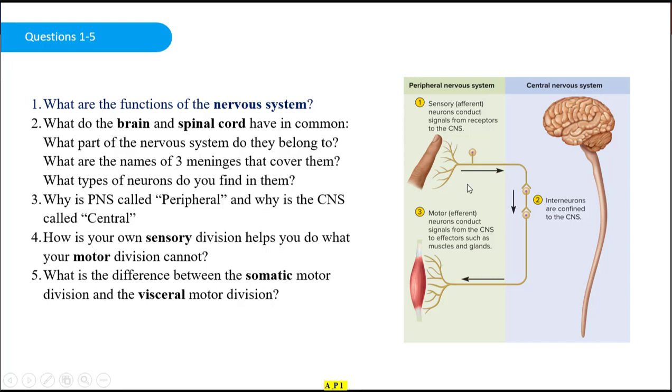Now, why do we need to do that? Without our nervous system, we would not know how things are going on in the world. We see with our eyes, which are part of the nervous system. We can smell with our nose, which is part of the nervous system. We can hear with our ear. We can taste with our tongue, the gustatory system.